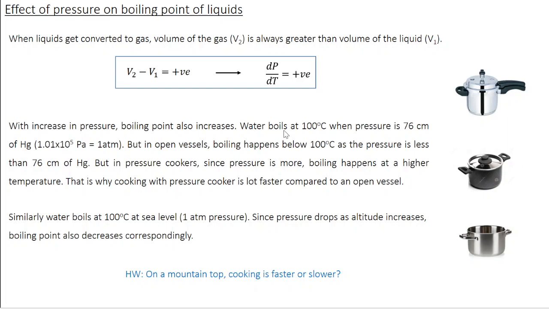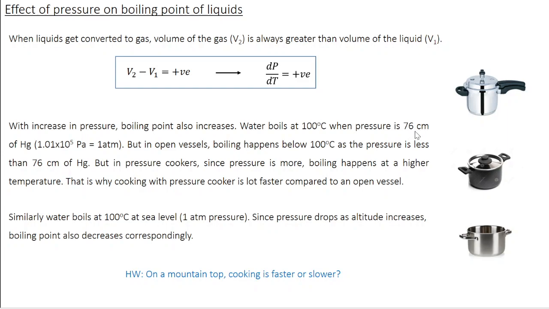We know that typically water boils at 100 degrees Celsius, right? But I cannot simply say 100 degrees Celsius because now I know that boiling point is a function of pressure. So I need to specify at what pressure water boils at 100 degrees Celsius. Typically, water boils at 100 degrees Celsius at a pressure of 76 centimeter of mercury.